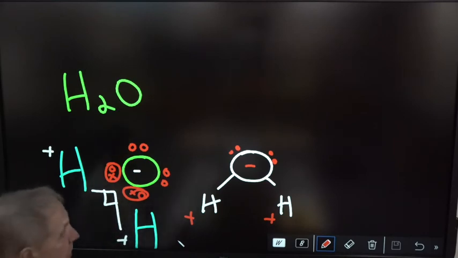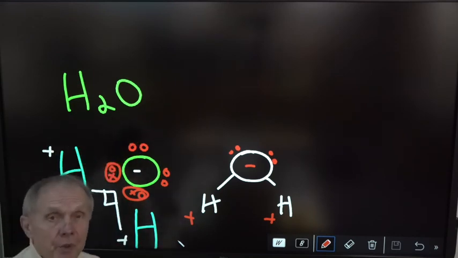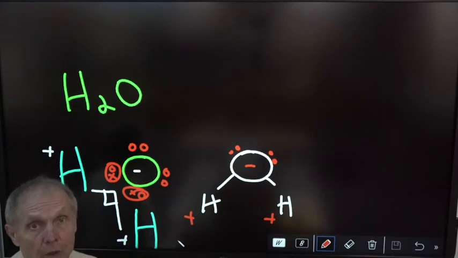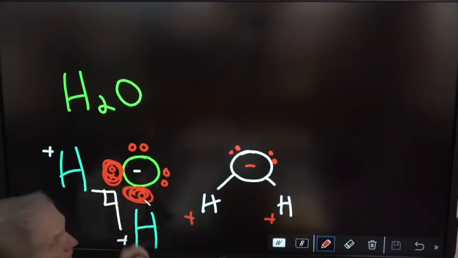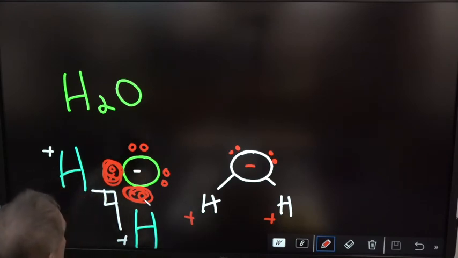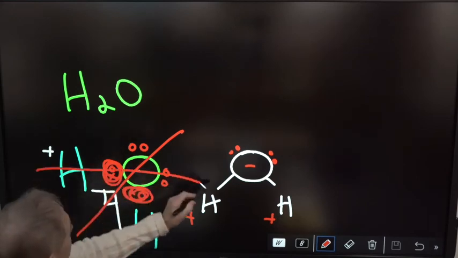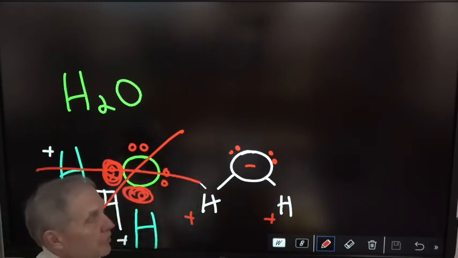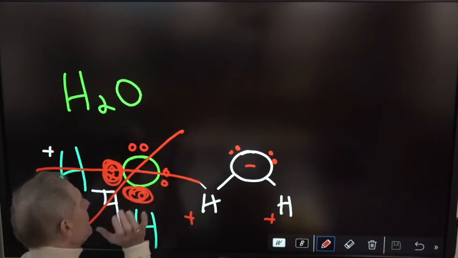All right, now watch. The other thing is this. Any two nonmetals put together, if they're different, it's going to be polar bond. So these are polar bonds. This is a polar bond, and this is a polar bond. And then now we go. Is it symmetrical or asymmetrical? If I cut it this way, it looks the same on both sides. But if I cut it this way, it's asymmetrical. So now we know this. Water is asymmetrical.